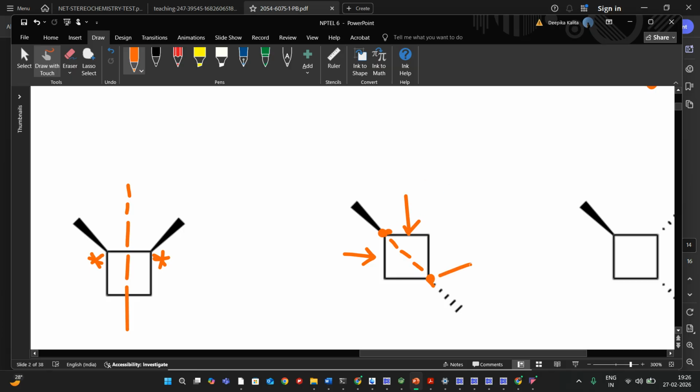For this center also, these two substituents will be identical and this center will also not be asymmetric. Hence, this molecule is not having any asymmetric carbon and it is achiral.